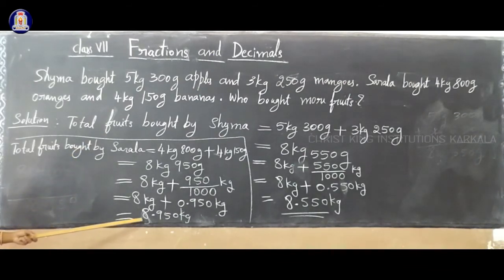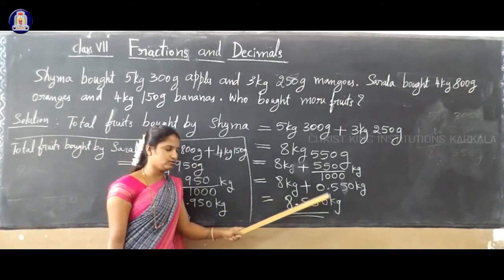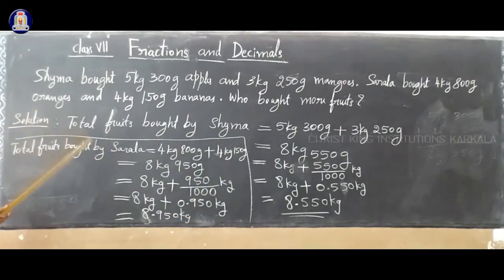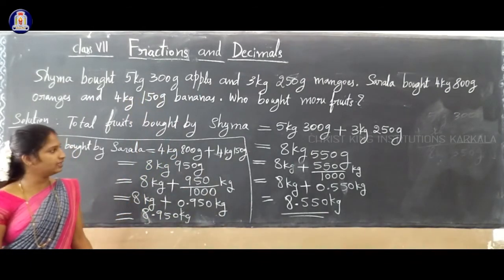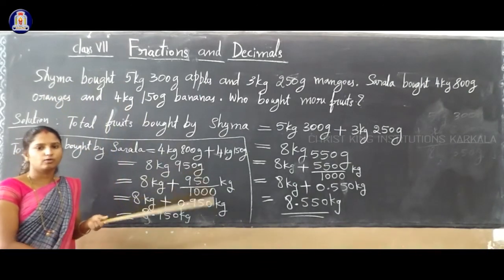Correct? Sarala bought more fruits than Shaima. Clear? So 8.950 is greater than 8.550 kg. So we can say that therefore Sarala bought more fruits than Shaima. So this is the answer. Clear? So just you have to compare. Add and compare who bought more fruits.